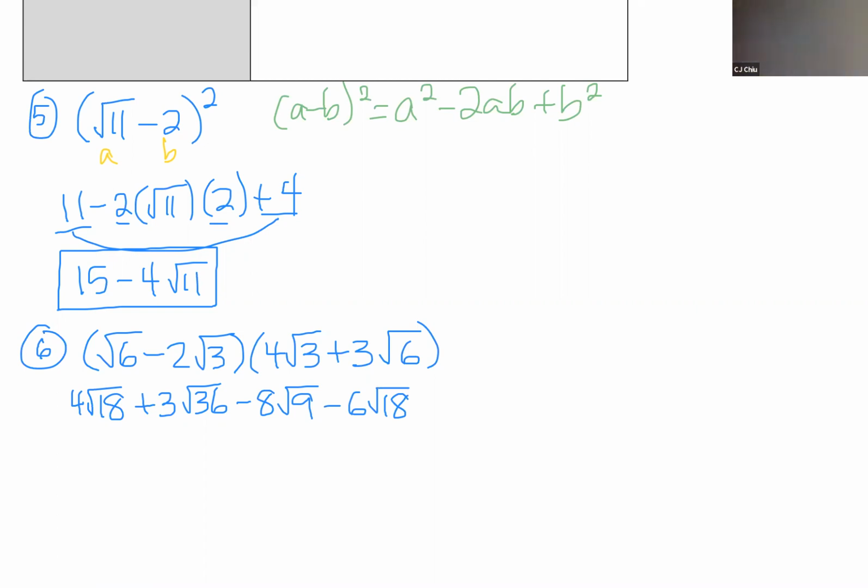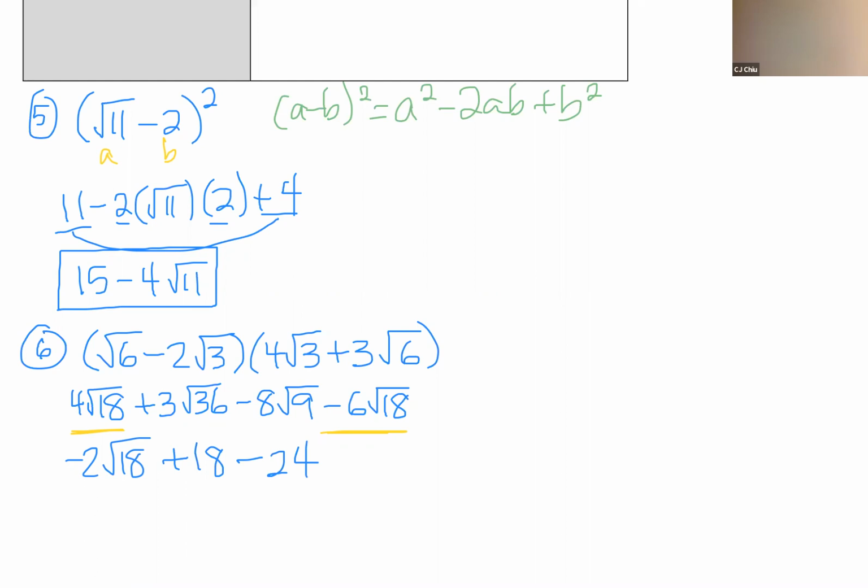So you can do this however you want to do it from here in terms of simplifying. Okay. So if you notice, you have 4 square root of 18 and negative 6 square root of 18. So even though it's not simplified yet, you can go ahead and subtract them to get negative 2 square root of 18. 3 times square root of 6 is 3 times 6, which is 18. 8 square root of 9 is 8 times 3, which is 24.